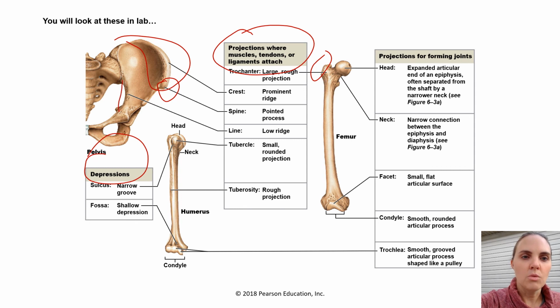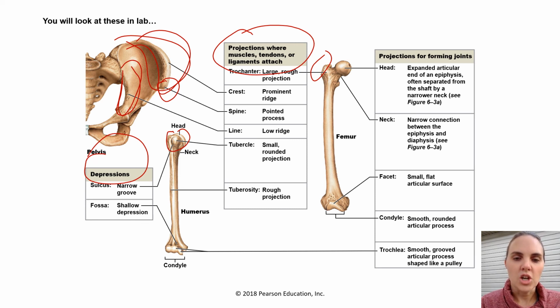A line is a lower ridge, so big ridge would be a crest, low ridge would be a line. A tubercle is kind of the smaller version of a trochanter, so it's a smaller rounded projection. A tuberosity is more of a roughened projection, a smaller roughened projection.